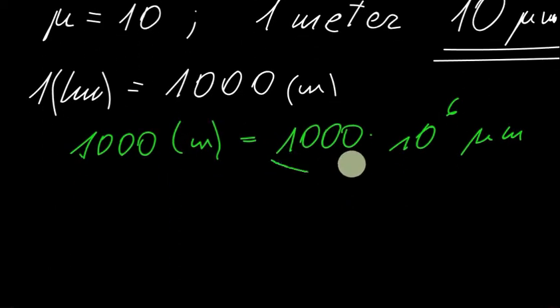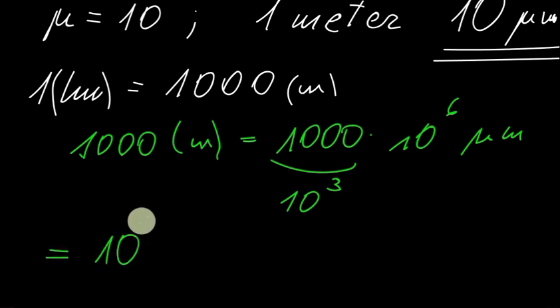So this will give us 10 to the 3rd power times 10 to the 6th, and our answer is 10 to the 9th power micrometers. Here is how many micrometers are in 1 kilometer. It's basically 1 billion.